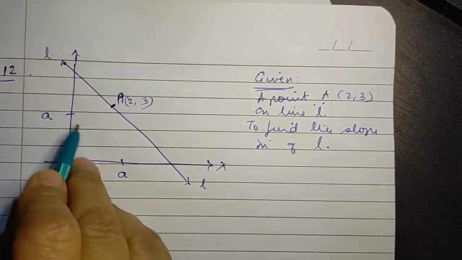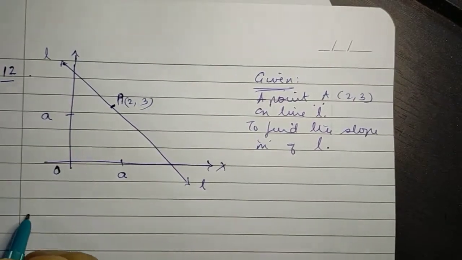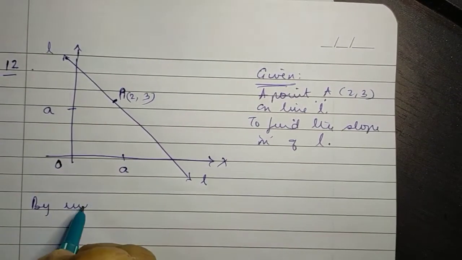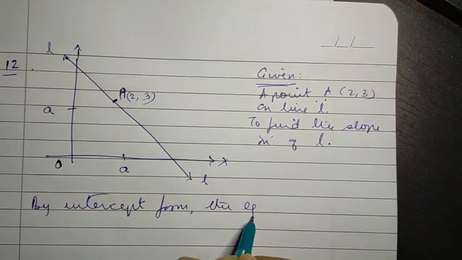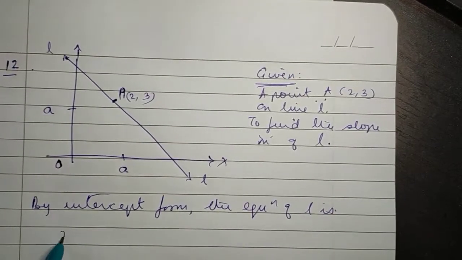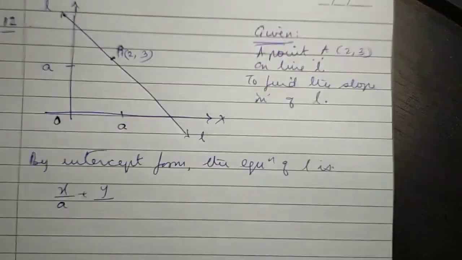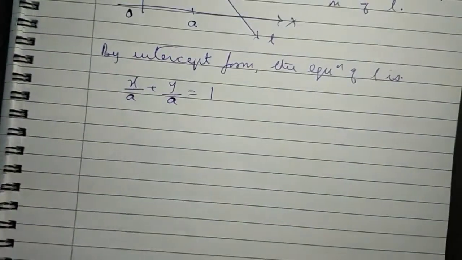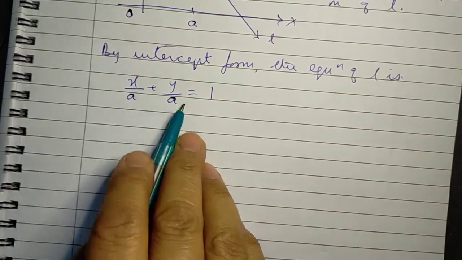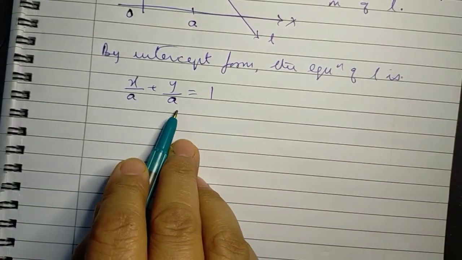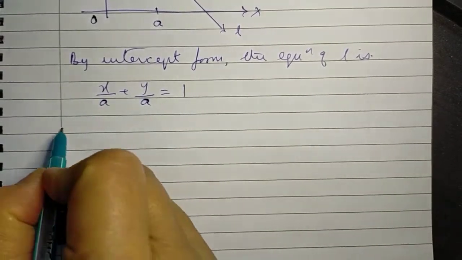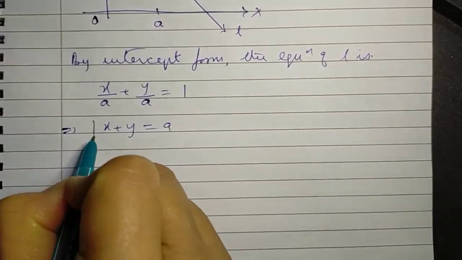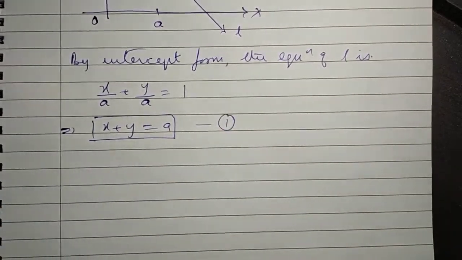Now since it is making equal intercepts, therefore by intercept form, the equation of L is x upon A plus y upon A is equal to 1. Note here, since both the intercepts are A, we are writing the denominator of both x and y as A. So we get x upon A plus y upon A equal to 1, which gives us x plus y equal to A. Let's call it equation number 1.